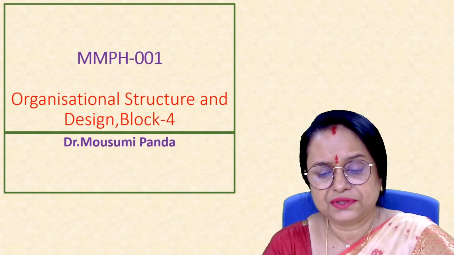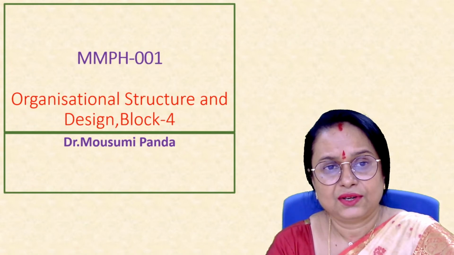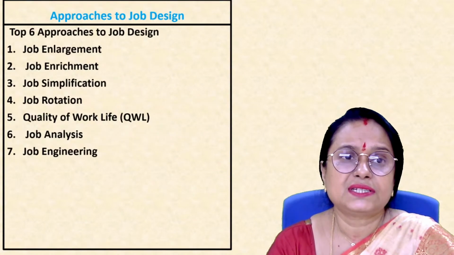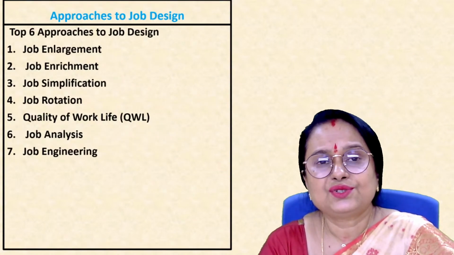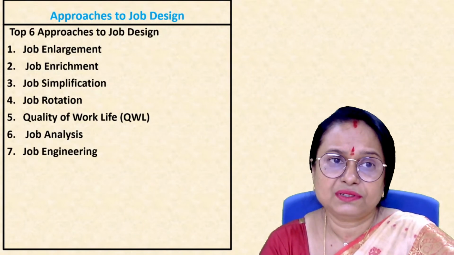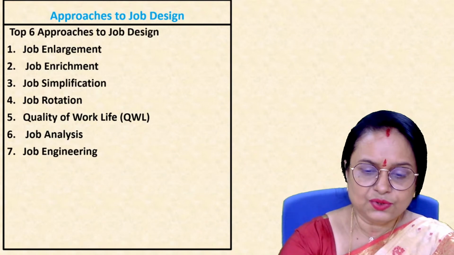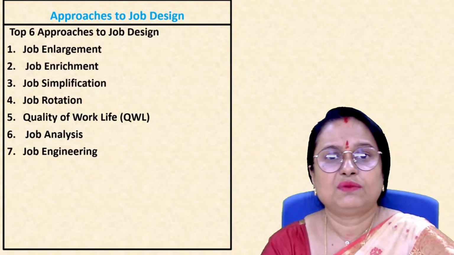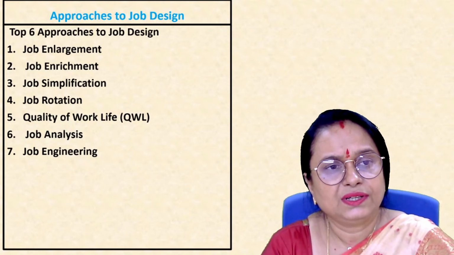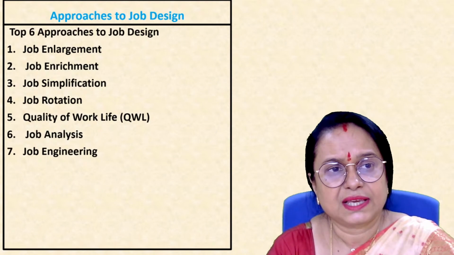Remember, good organization means good organization design. So, with this brief introduction, we will start the approaches to job design, approaches to organization design. So, what are the approaches to job design in the organization? Here we have 7 approaches to job design.